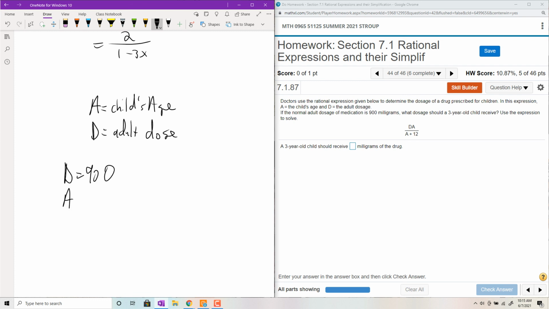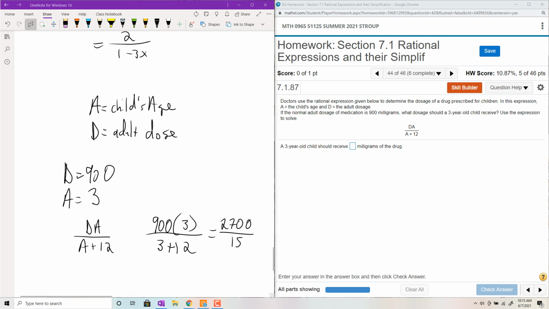What dosage should a 3-year-old receive? So A is 3. We use DA all over A plus 12. Plugging in 900 for D and 3 for A, we get 2,700 all over 15.